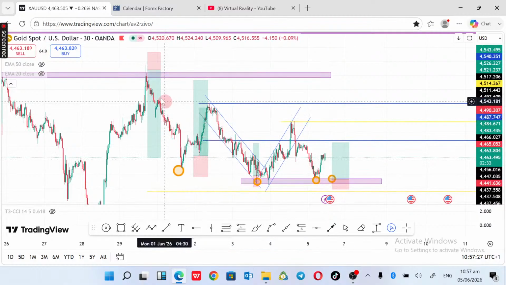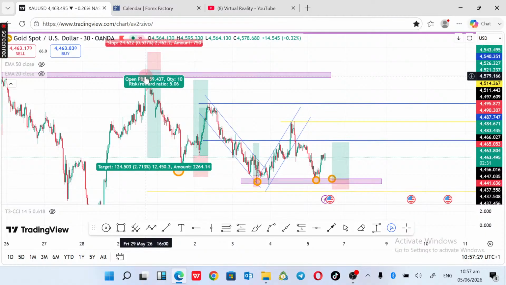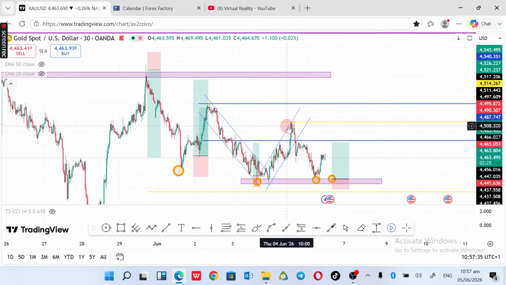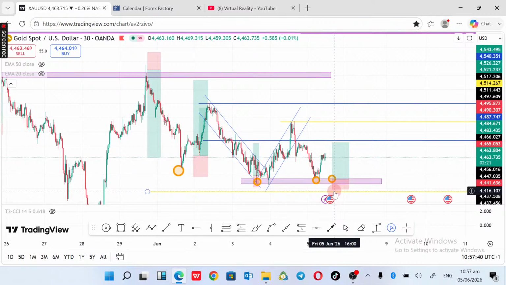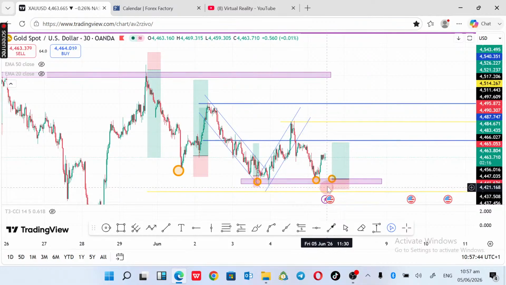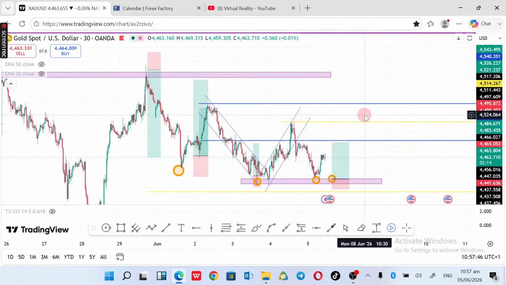This is a lower high, lower low, lower high, lower low, another lower high, lower low. We have another lower high, then we go back again. But what we're going to be trading now, we're going to be taking the next lower low entry to go to a lower high for a buy. So once that is taken, then you enter for a buy.